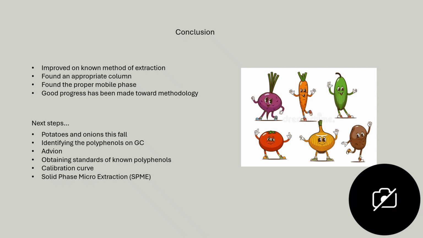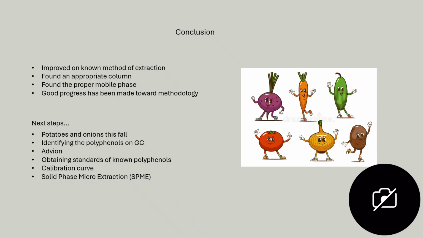So next steps, we actually have some produce that's going to be coming in. So we will be trying to see if maybe it'll be easier to do on potatoes and onions that are coming in soon. Maybe. We obviously have to continue working on figuring out the polyphenol content. So we're going to continue to do that.